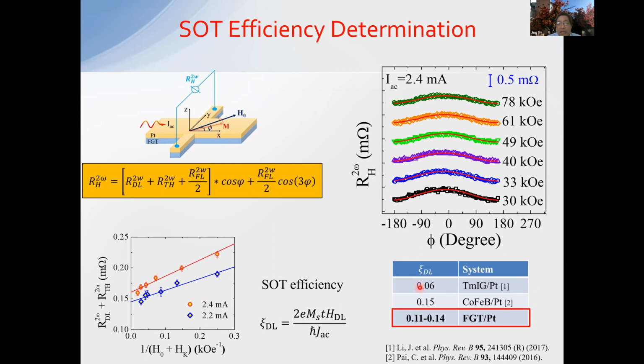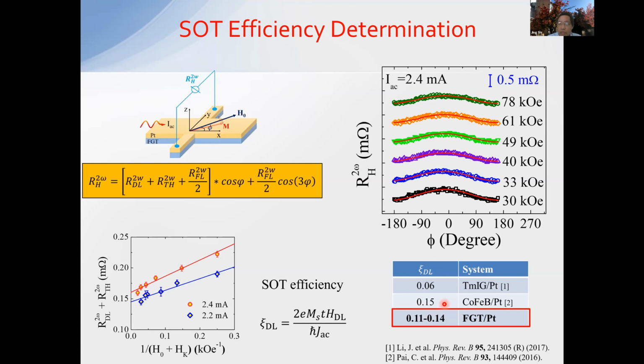I listed here FGT with platinum, comparing with a 3D metal or 3D insulator with a platinum layer, so this is a fair comparison. The number here, the spin-orbit torque efficiency, stands very well in comparison with other 3D metals.